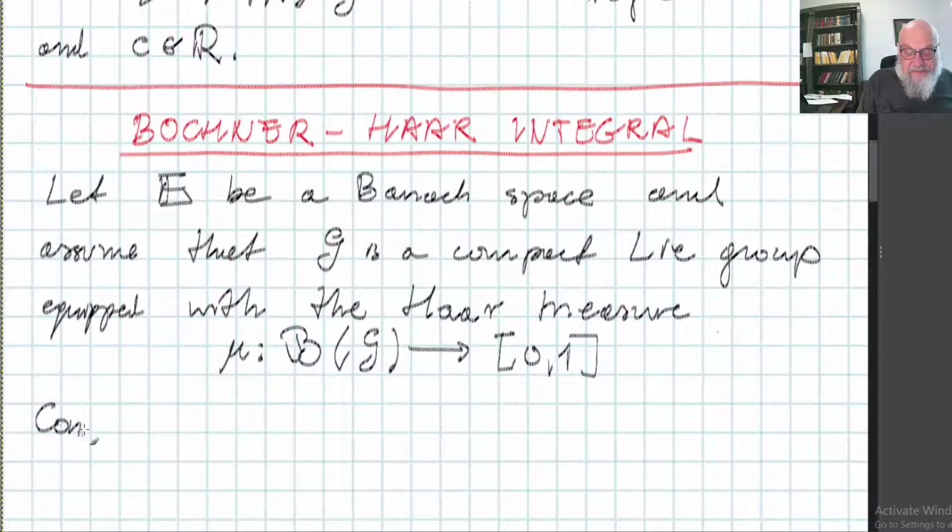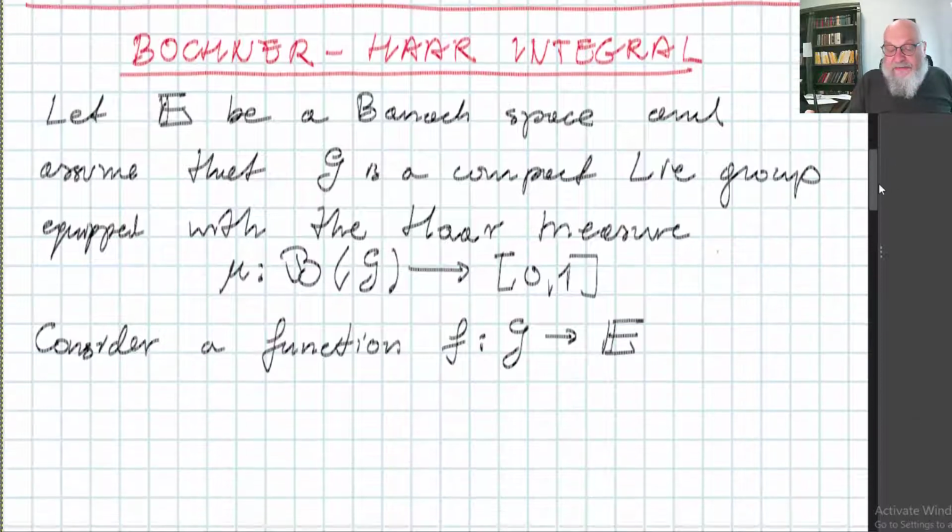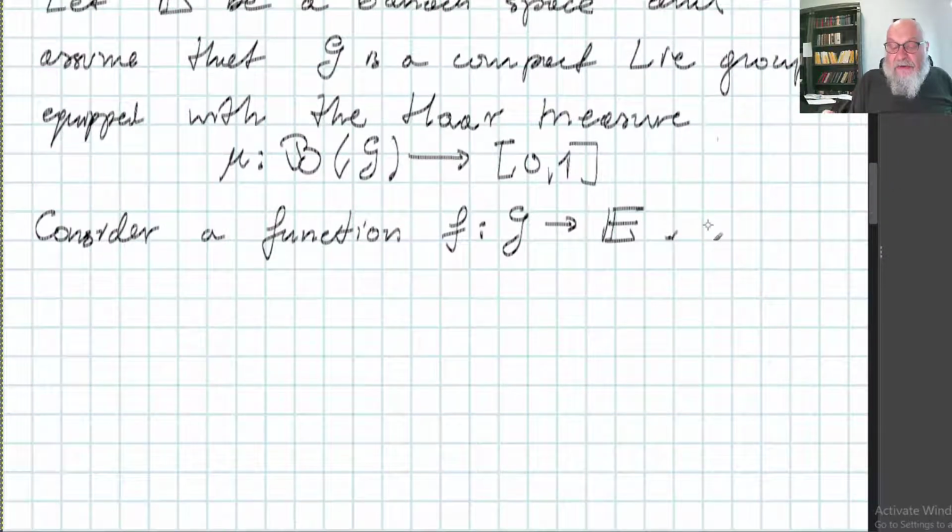So consider a vector valued function. The function is f that goes from G to E. And this function will be called measurable.